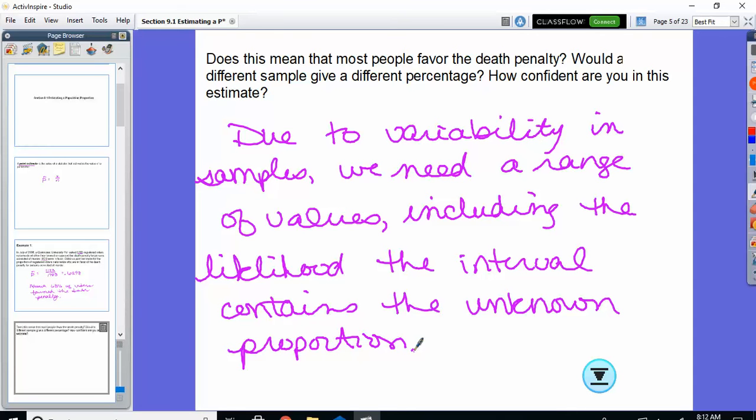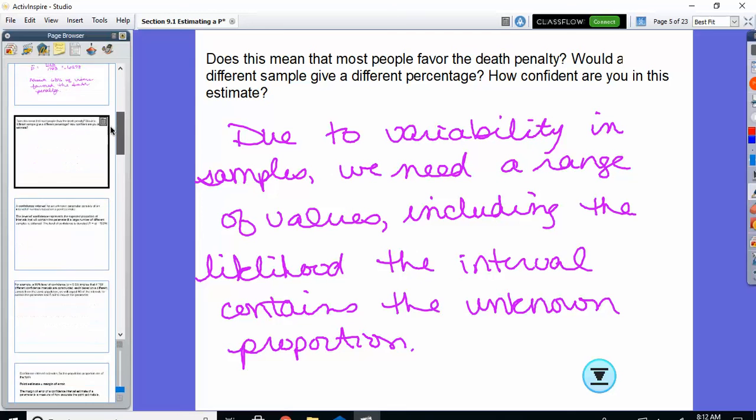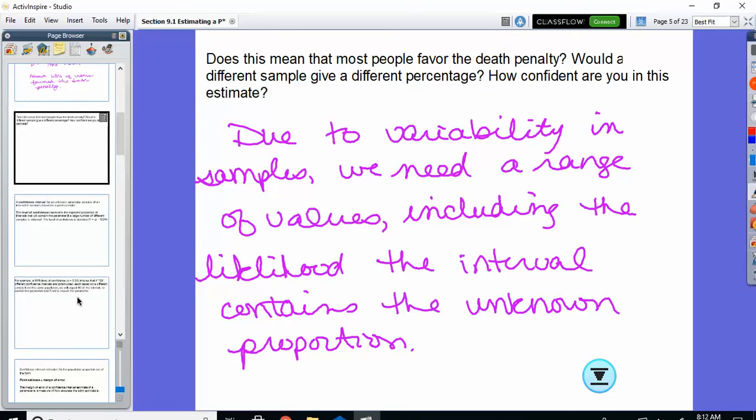So, couple terms here. The confidence interval and level of confidence, those are two things that we will be using for the rest of the section to help answer these types of questions. So when I'm asking you to build that confidence interval, I'm asking for the range of values.